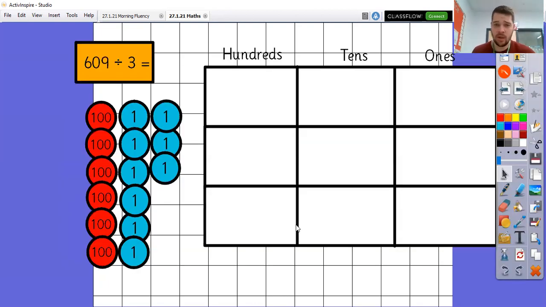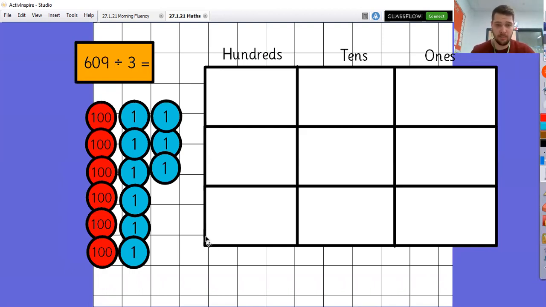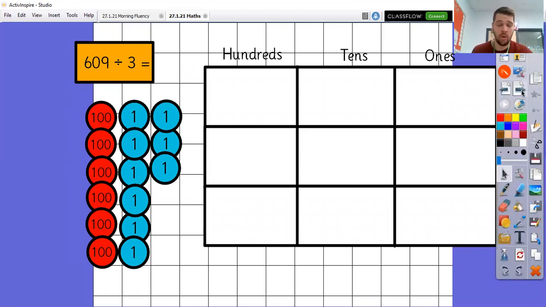So today we're going to be progressing our knowledge into dividing a 3-digit number by a 1-digit number, but we're still going to be focusing on the bus stop method. Okay, I'm going to show you pictorially, but I really want you to try and mainly focus on the bus stop method and trying to use that to answer your questions independently.